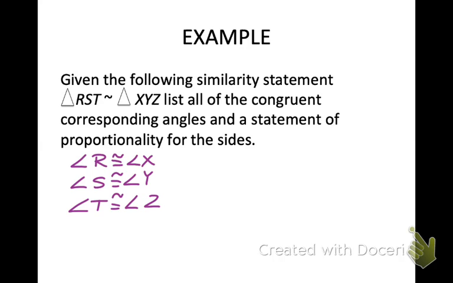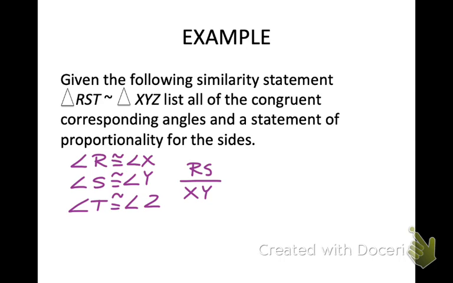Now what's going to be new is your sides, because now our sides are no longer congruent. Our sides are proportional, which means I need to write an extended proportion. So what would side RS be proportional to on the other side? XY. You're still looking for the corresponding parts.